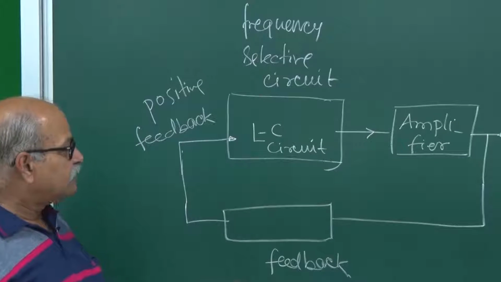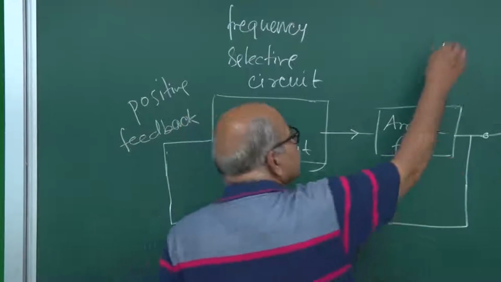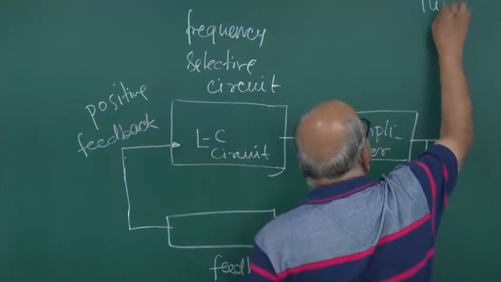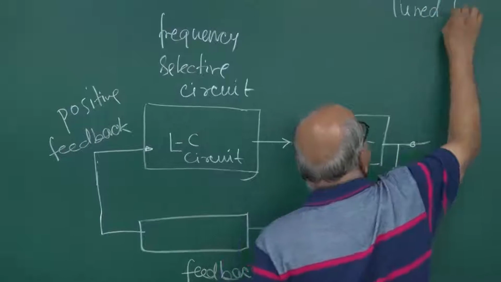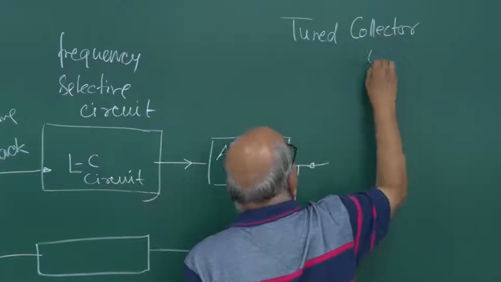So, there are various ways, lots of circuits are there. We will be describing one or two. The first one is called tuned collector oscillator.